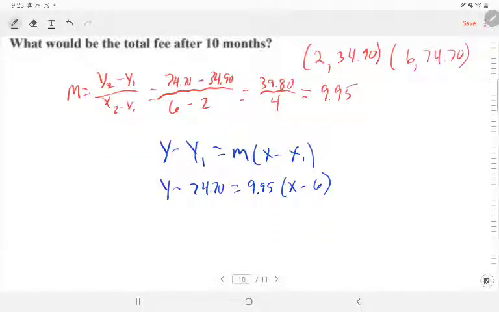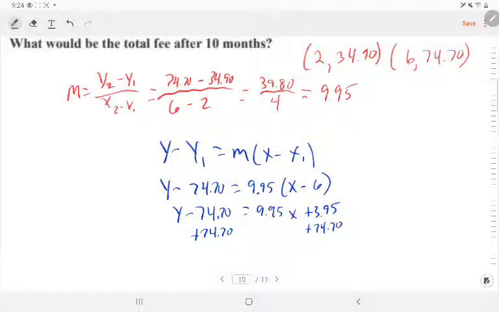We'll just use that point. You can use either point you want. That would be y minus 74.70 equals 9.95x plus 3.95. And we're going to add 74.70 to both sides.